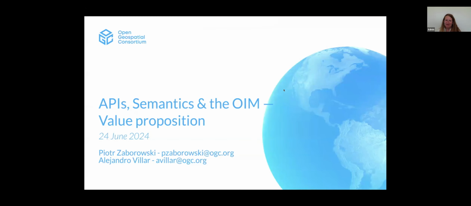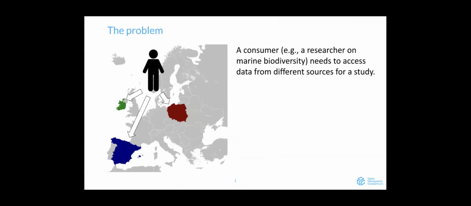Perfect. Okay. So thank you, Bente. We're going to talk a bit about what's the value proposition, what do we get by using these open standards, these standardized APIs, semantics, and in short, what do we get out of using the Ocean Information Model? So the main issue behind interoperability in general can be illustrated by the following problem, right?